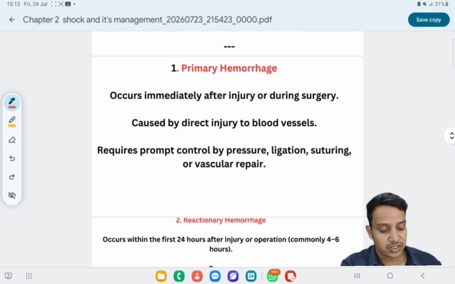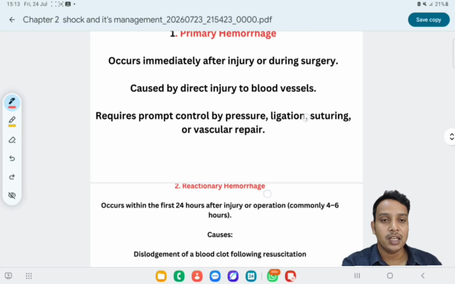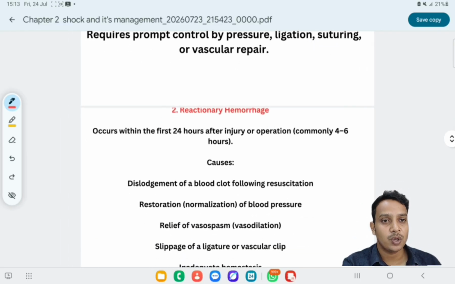What happens in reactionary hemorrhage? Reactionary hemorrhage occurs within 24 hours after injury. Suppose you operated on a patient and because of spinal anesthesia, the BP is on the lower side. Once the blood pressure becomes normal, the clot that was stopping the blood gets dislodged due to the increased blood pressure and the patient will start bleeding, which we see most commonly in operated thyroidectomy patients.